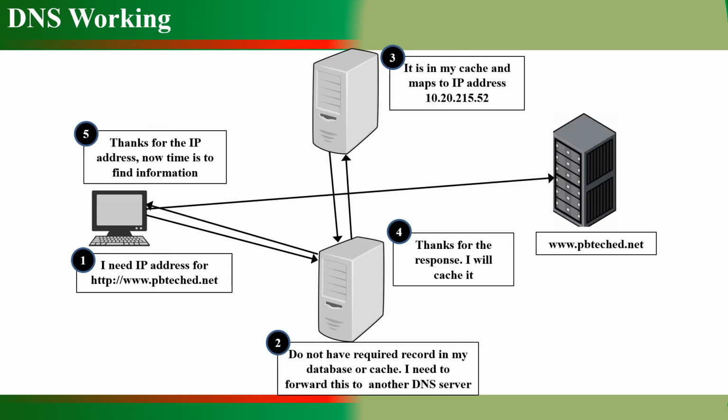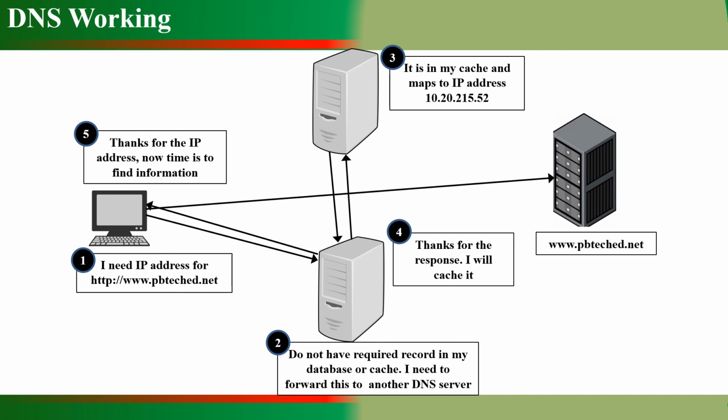Continuing with the working of DNS, suppose one system wants to access information from the website www.pbtech.net which is hosted by another system. In order to access information from that website, it needs the IP address of that system.